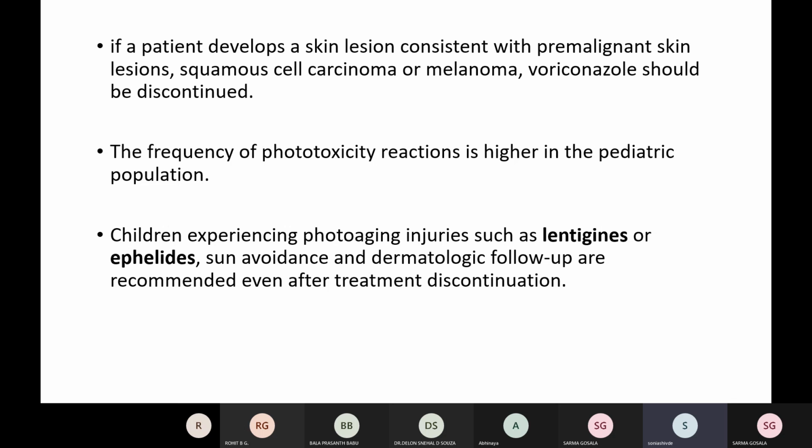So if a patient develops any skin lesion consistent with a pre-malignant lesion, squamous cell carcinoma or melanoma, voriconazole should be discontinued. Frequency of phototoxicity reactions is higher among the pediatric population. So we should keep a keen eye on examining children who are experiencing photoaging injuries like lentigines and ephelides. Sun avoidance and regular dermatological follow-up are recommended even after the treatment discontinuation to look for any changes into a malignant lesion.